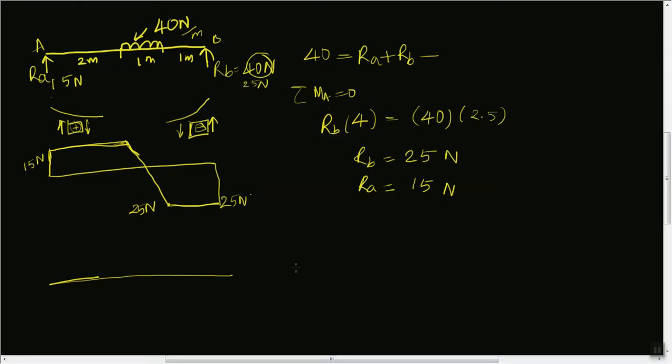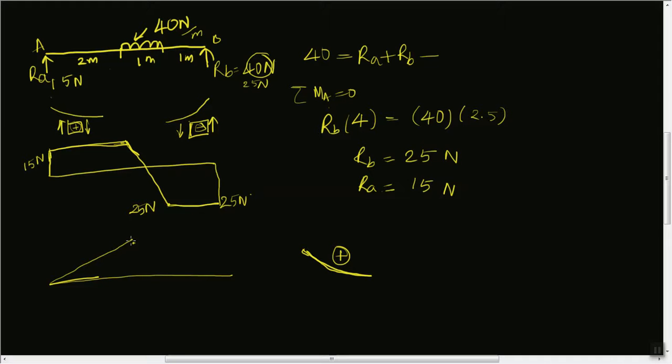Due to RA the beam is bending like this, which is sagging. Sagging is considered to be positive, so I'm drawing on the positive side of this reference line. At this location, the bending moment is nothing but RA into 2, that is 15 newtons into 2, that is 30 Newton meter.